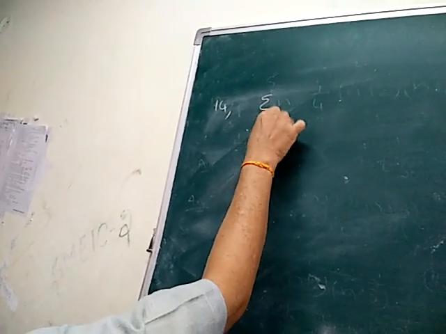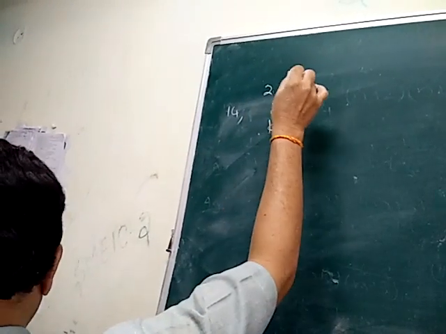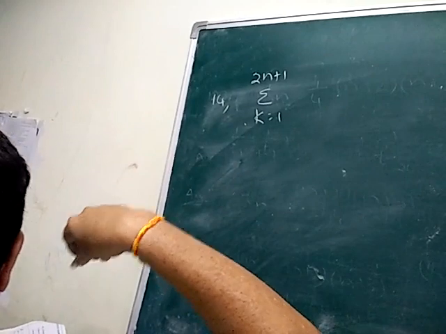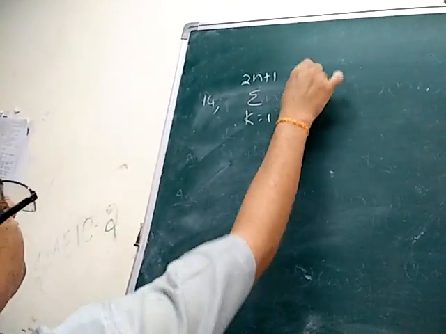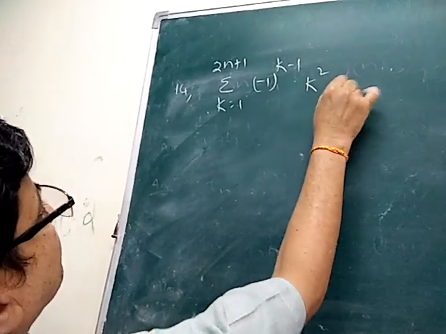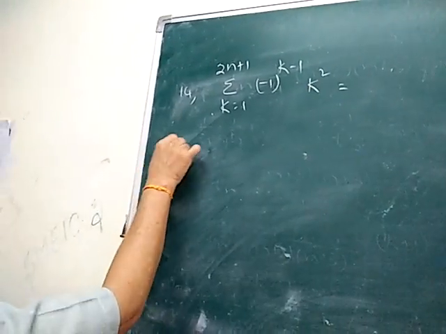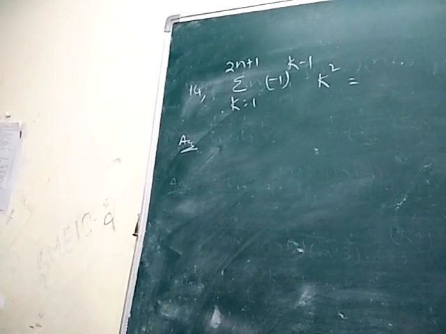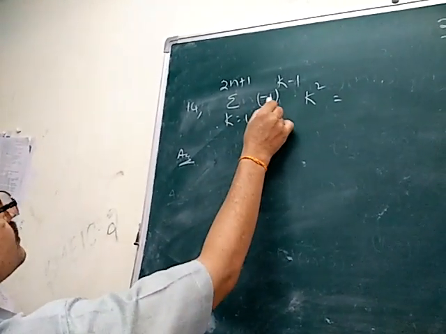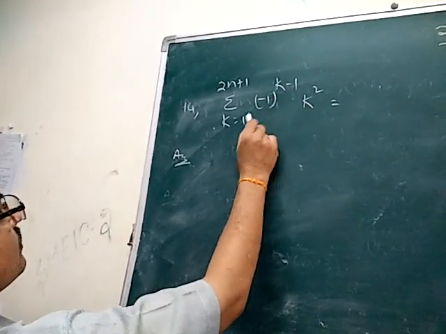Sigma k is equal to 1 to n plus 1, minus 1 to the power k minus 1 into k square is equal to. Here also we are expanding. When k is equal to 1, minus 1 to the power of 1 minus 1 is 0.